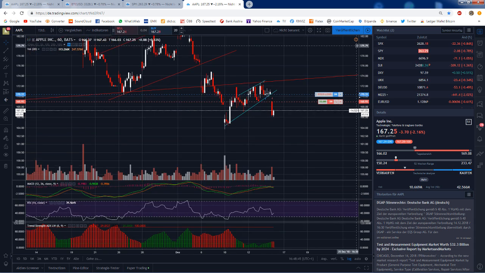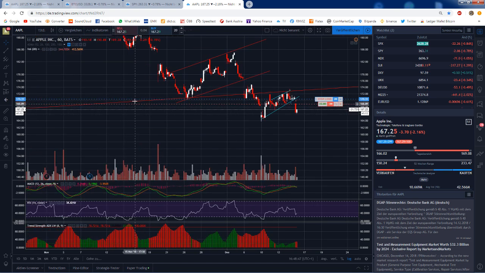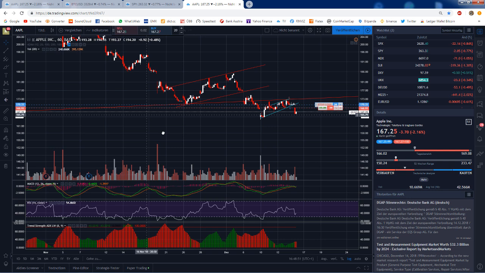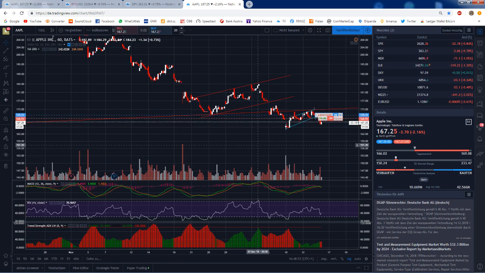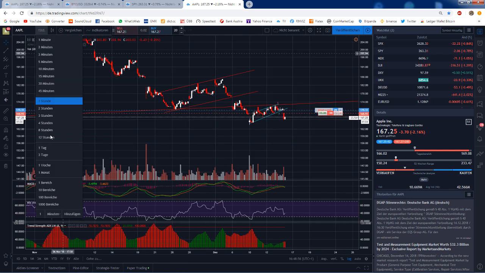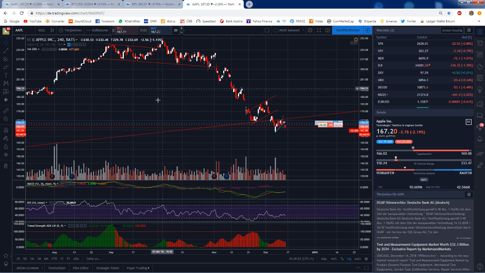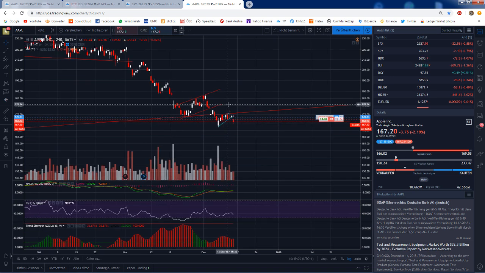so we had this continuation of bear flags, as you can see. If we go to a 4-hour chart, you can see the downtrend that happened here, and it's been forming bear flags and bear flags and bear flags.